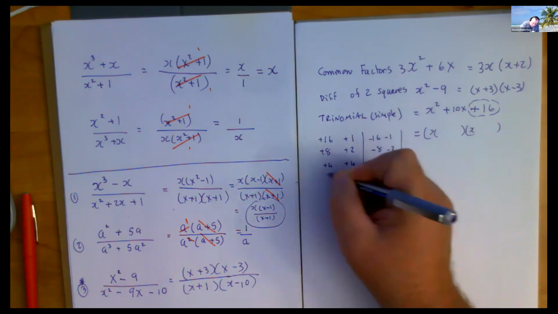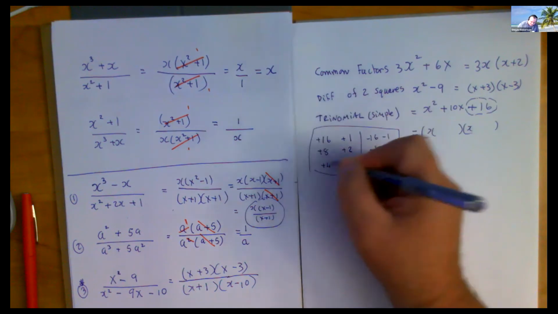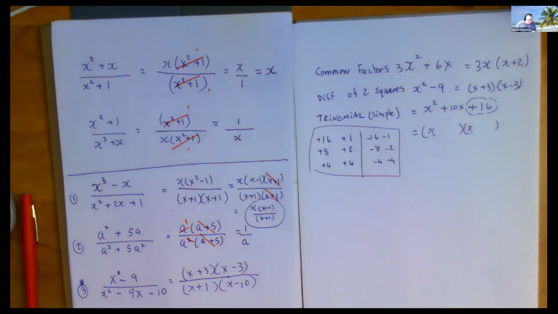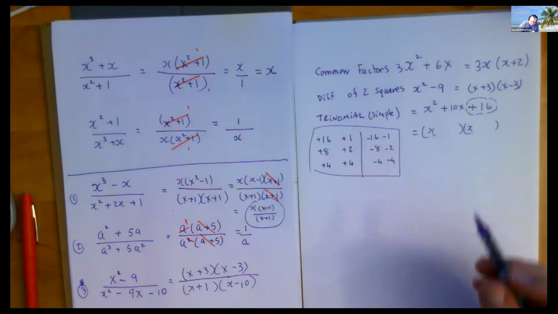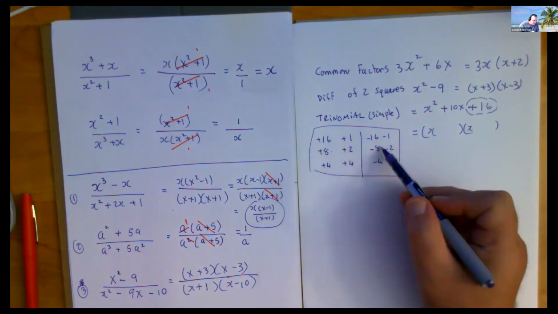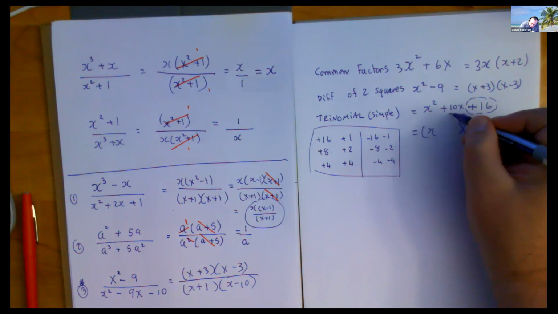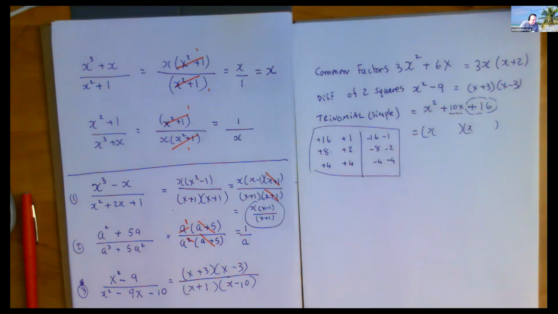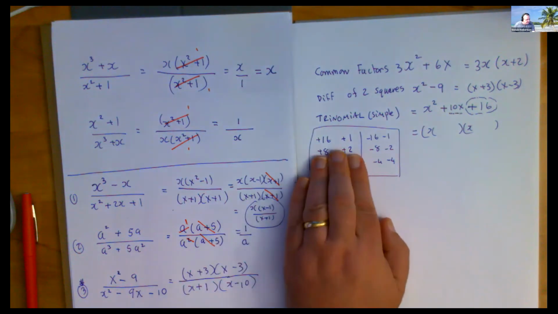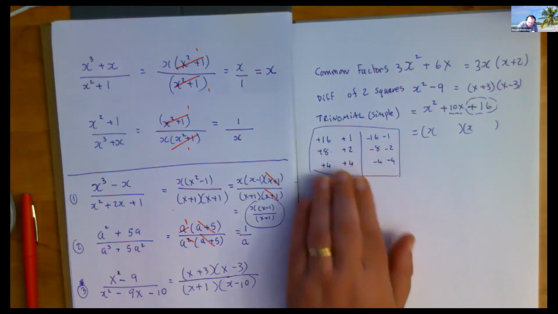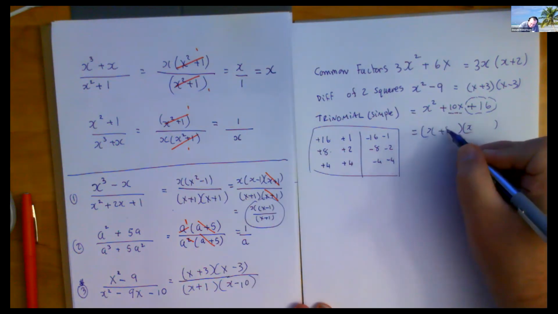So altogether, there are 6 possible combinations, but there's always only one that's going to work. Don't I look for the combination that gives me 10 when you add them? Those two get you 17x when you add them. Those two there get you 10x, and that is us done.